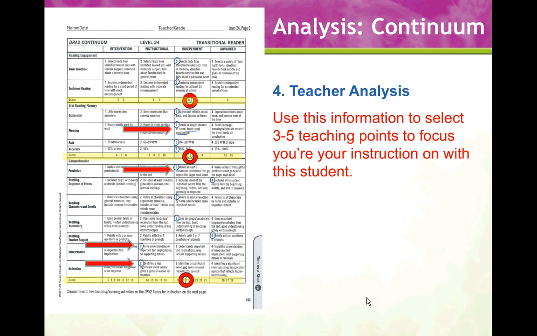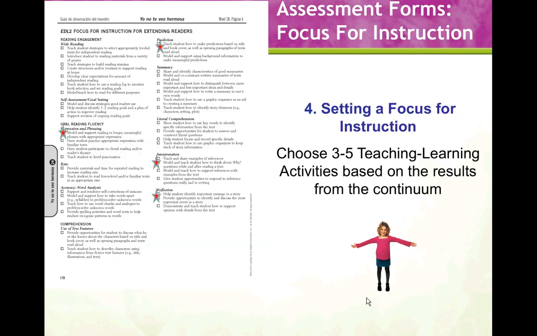So after you've chosen the child's 4 areas of need, they're recorded on what we call the Focus for Instruction page. Now, these are the 2 pages that I shared with you earlier that are in complete Spanish so that you can share them with a parent.